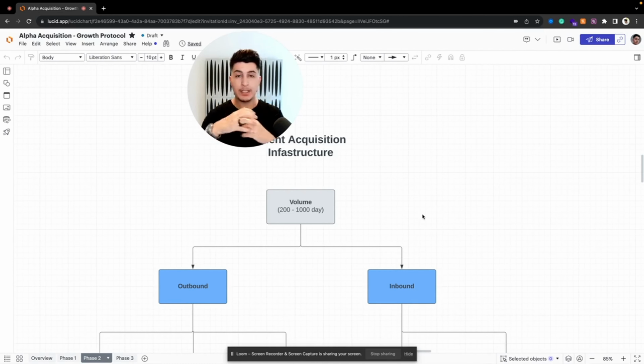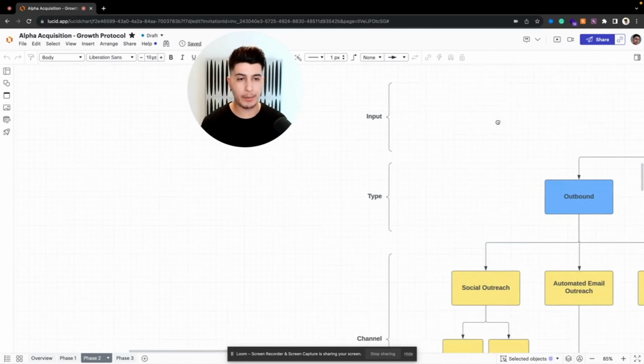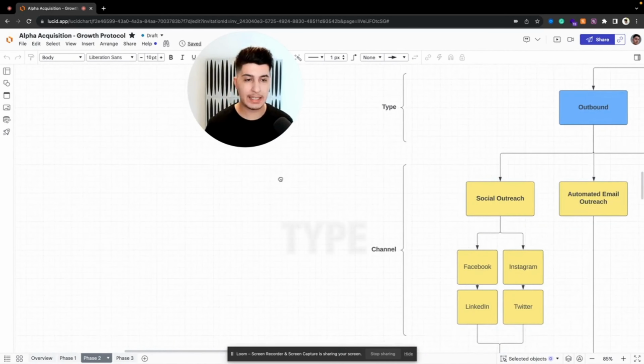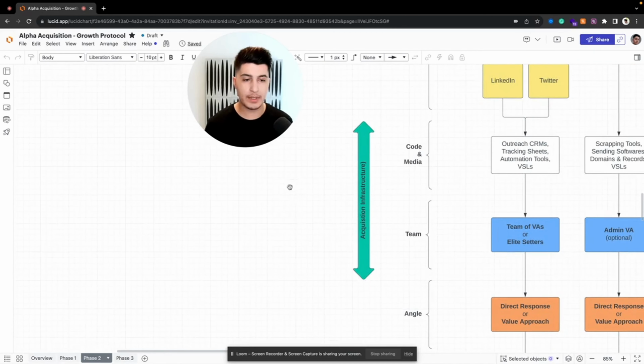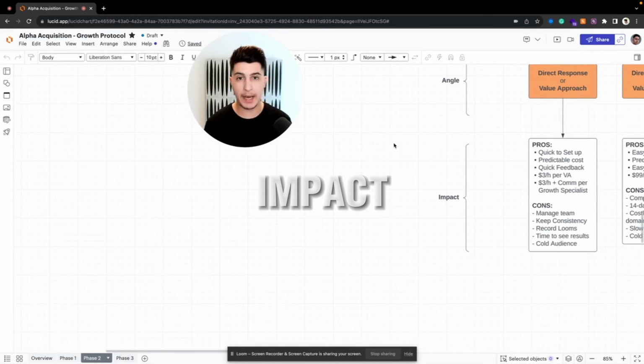And the system is the overall protocol or sequence of activities and decisions you made to make the whole thing run. Now, there are a couple of elements that come into a client acquisition department, and we will cover them all: input, type, channel, code, media, and team, which represent the acquisition infrastructure, angle, and of course, the impact.